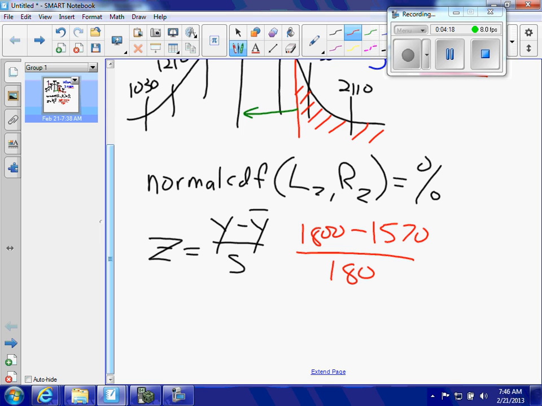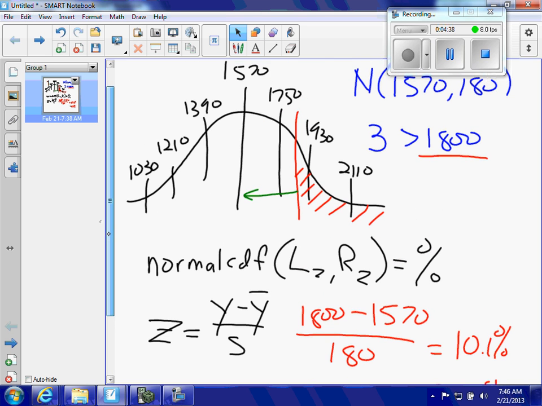When I plug that into my calculator, I got about 10.1%. For purposes of this problem, I'm going to just round that off to about 10%, and that's acceptable if it's 0.1. I will tell you if you need some kind of a decimal. So 10% of the students that have applied are going to have SAT scores in this area here.